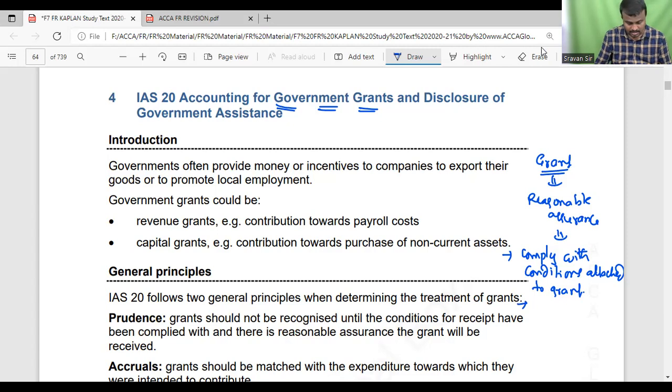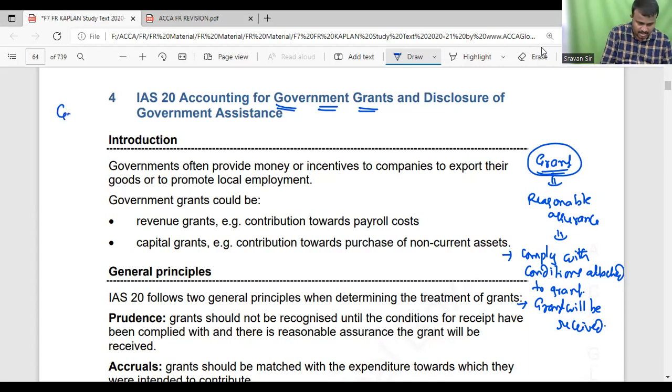And the second one is the grant will be received. If these two conditions are satisfied, then only we can recognize the grant. Generally, grants provided by the government relate to two cases.